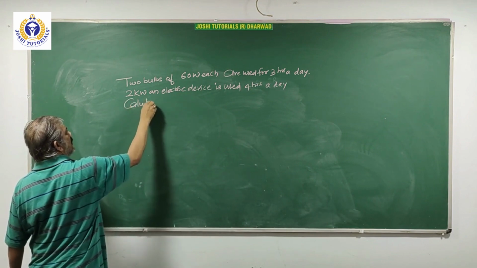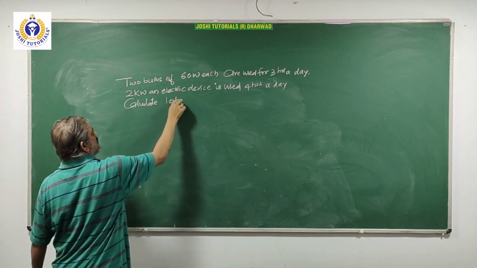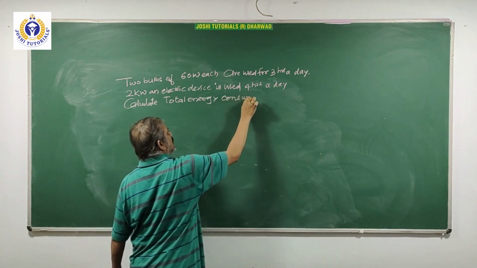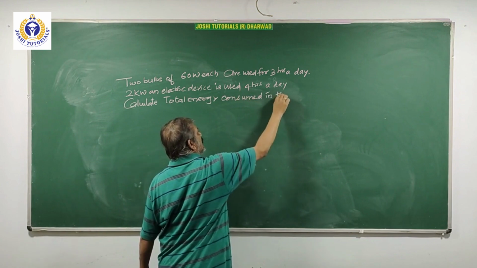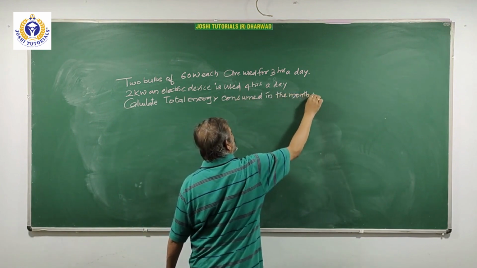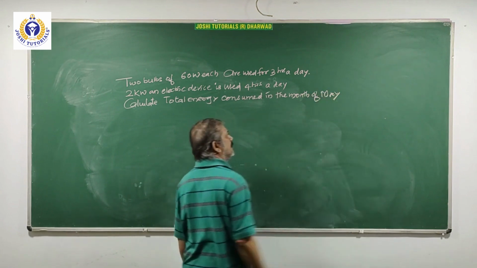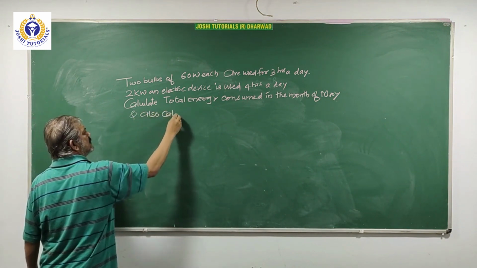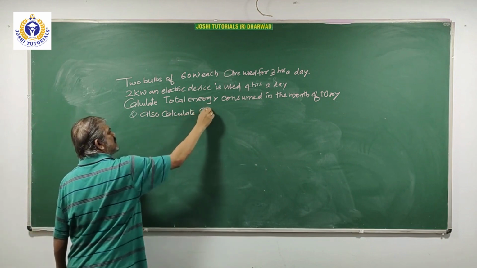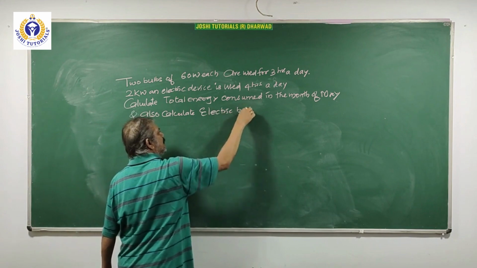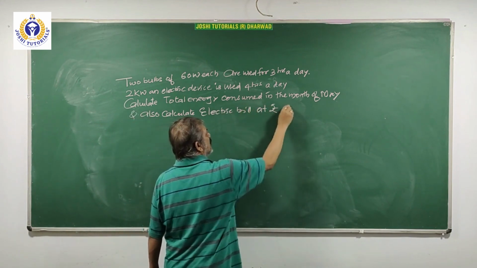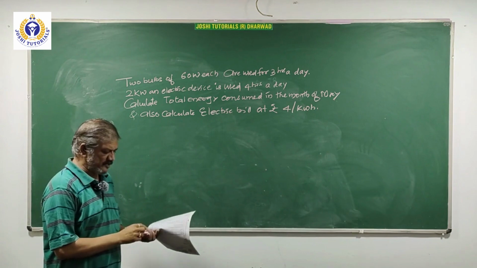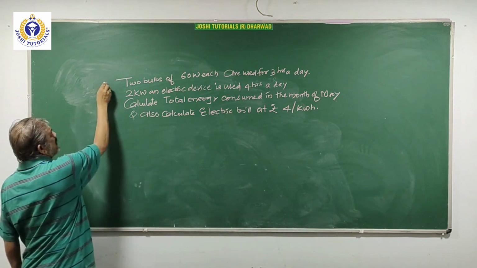Calculate total energy consumed in the month of May, and also calculate electricity bill at rupees 4 per kilowatt hour. 4 per unit, kilowatt hour. One sample I have taken, one sample.